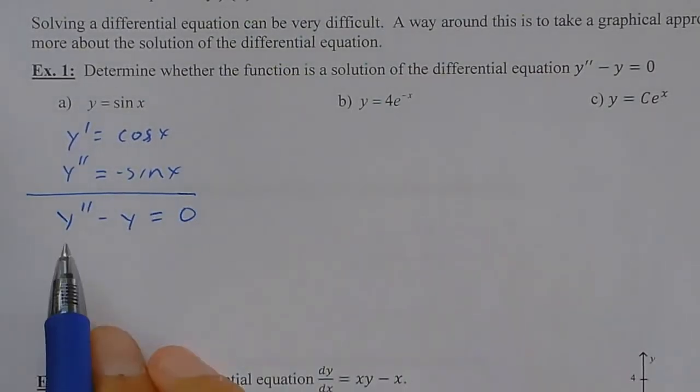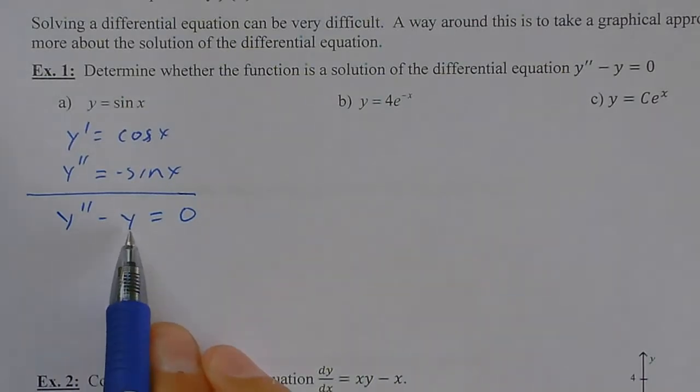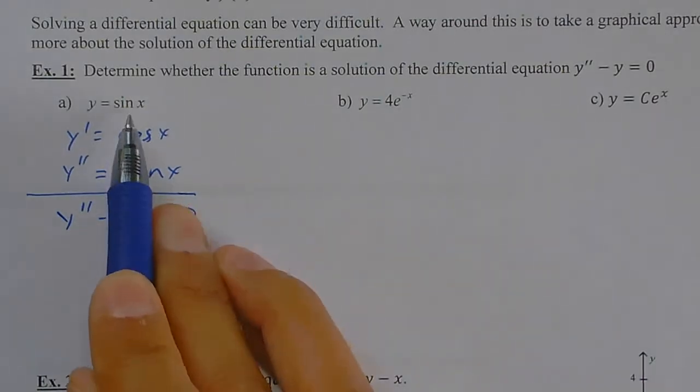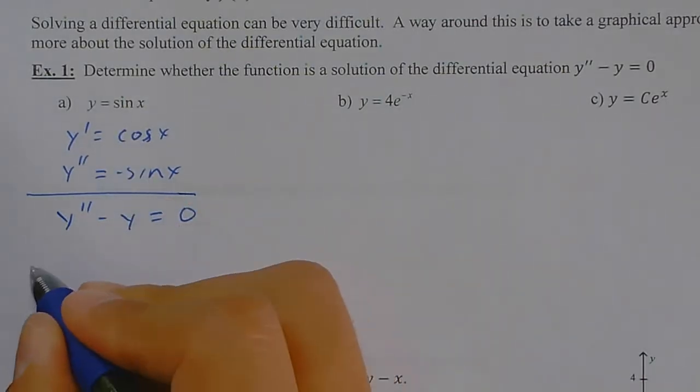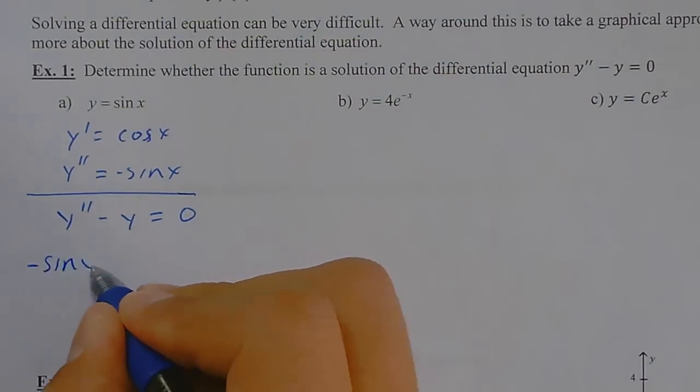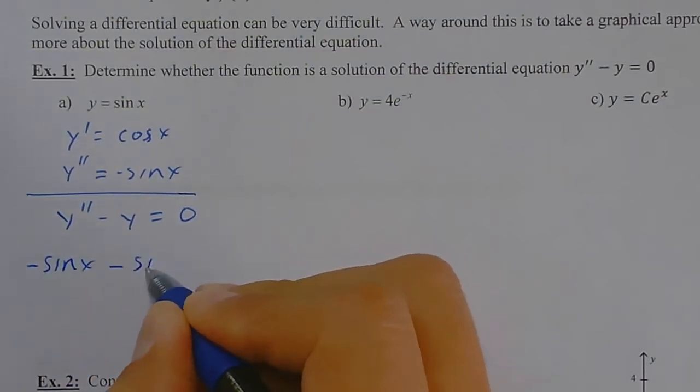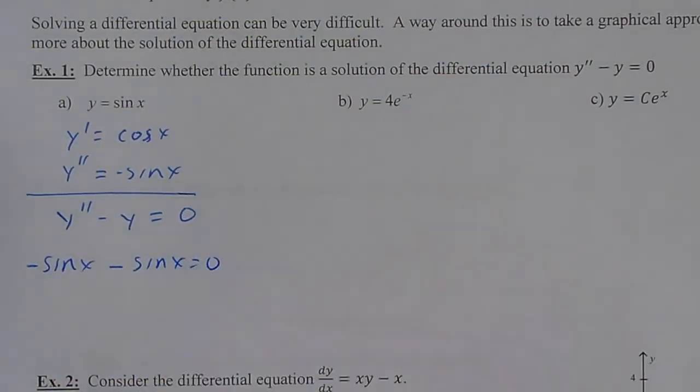Get the second derivative, subtract the original function that was given, and does that equal 0? And it looks like this will not be true, so we can just say that no, it is not a solution.